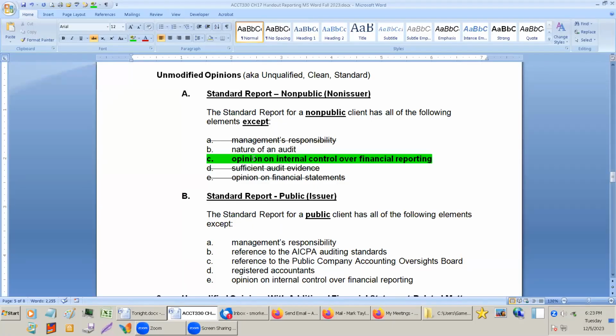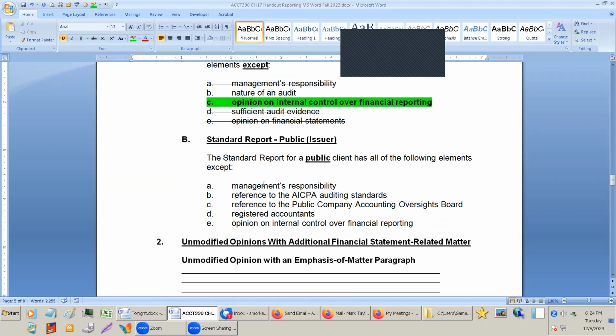We said you don't have to test them unless you rely on them, and that's because you don't make a report on the internal controls. The report is on the financial statements. And the internal controls might be terrible, but if the financial statements are correct, or rather fairly presented, then that's what matters. So we don't give an opinion on internal control.